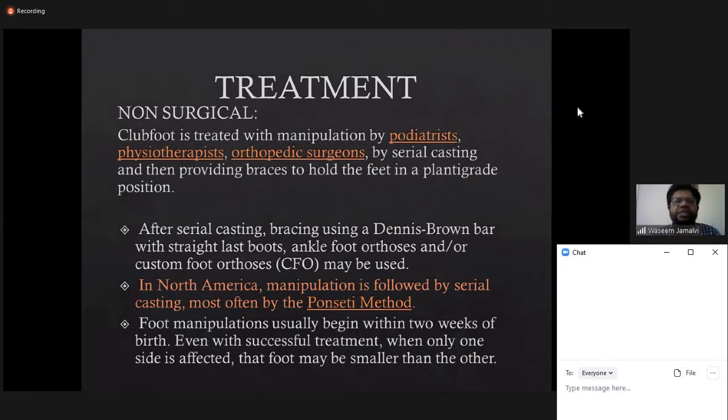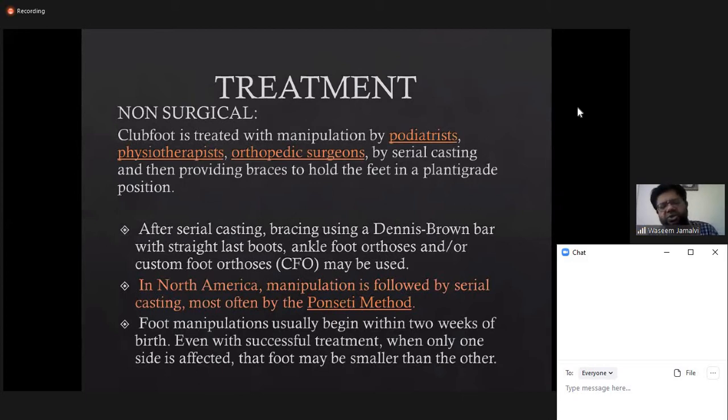But if this fails, then the second step is serial casting. Serial casting means there is plaster on the lower limb for a couple of weeks, and then you release it, and then again you go for the plaster of the lower limb.